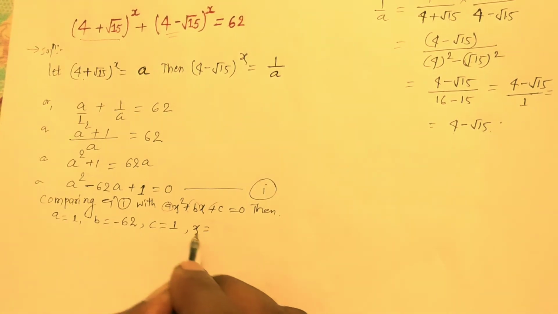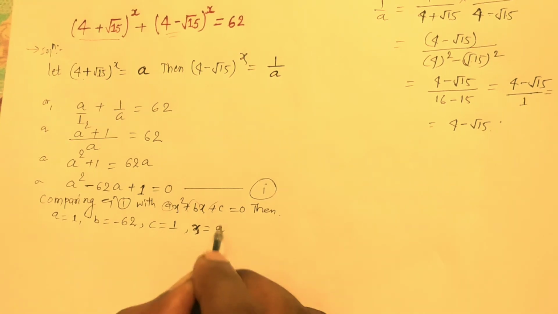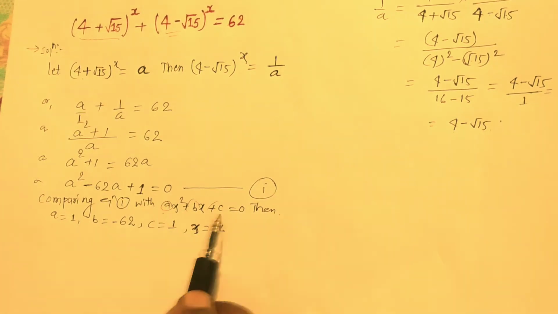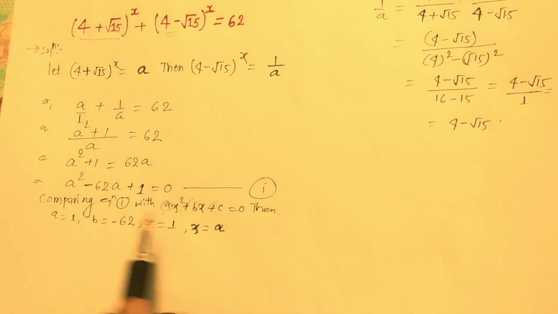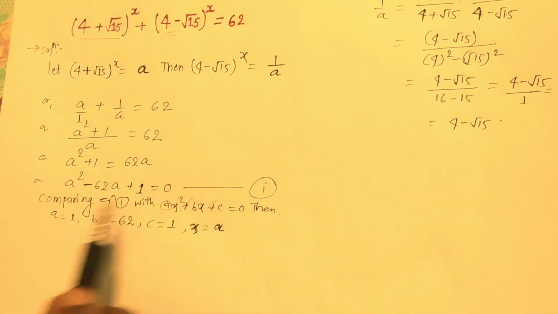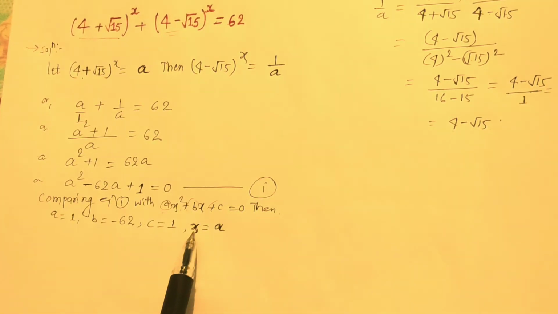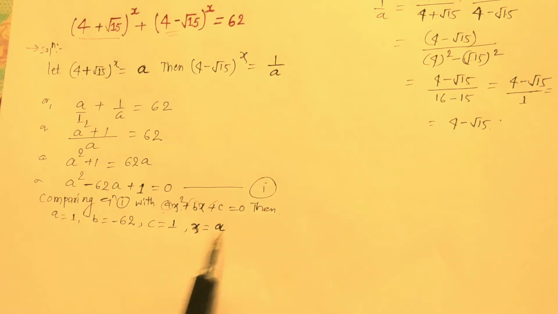And x stands for a, because in the original equation the variable is x, but in equation 1 the variable is a, so x = a.